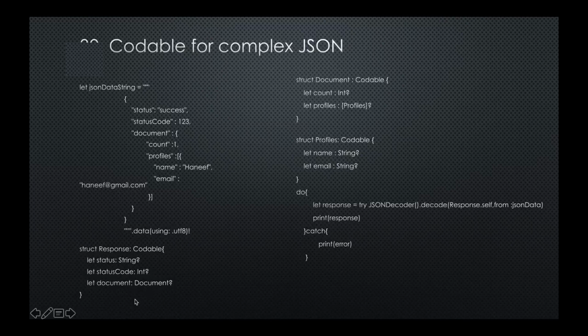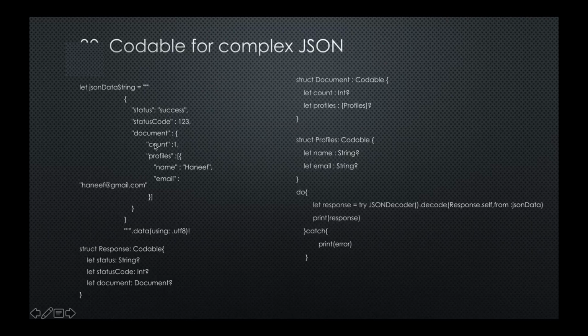And then again, profile is another part, so we'll create a different struct for it, and then that would be defined inside over here. So the same rule goes here: the variable names should be matching what you have in your JSON.